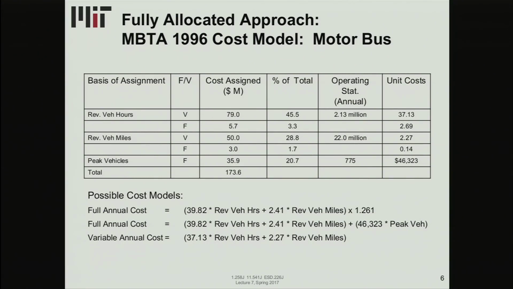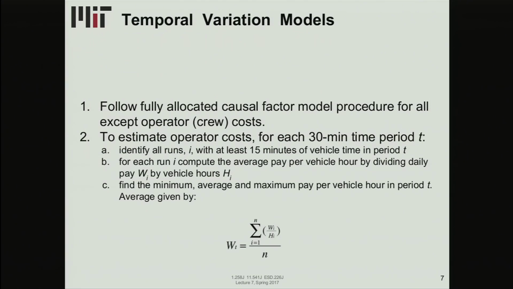But if you only expand service in the peak or do it disproportionately, peak versus off peak, then this model will not capture those differences very well. And for that, we need a temporal variation model, which is our next.